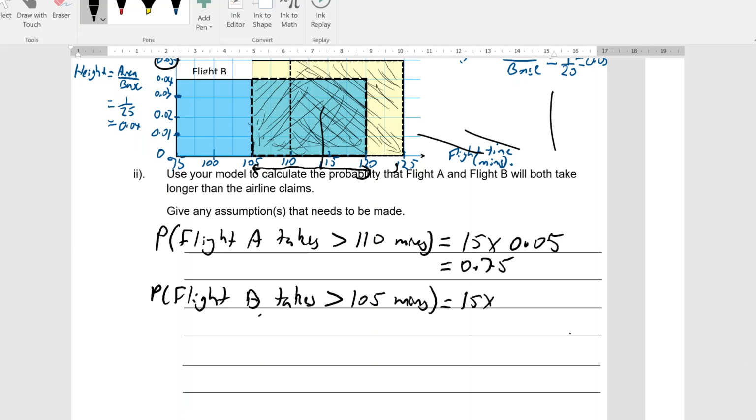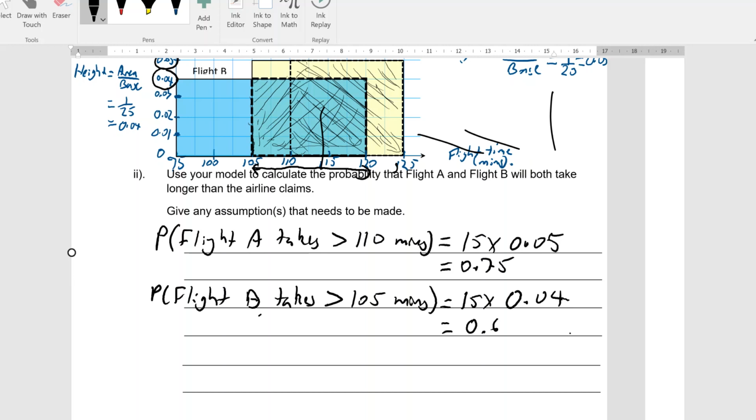Again, but for flight B, the height is only 0.04. So it's going to be 15 times 0.04. What's that? Well, we know that 15 fours are 60, so it's going to be 0.6.